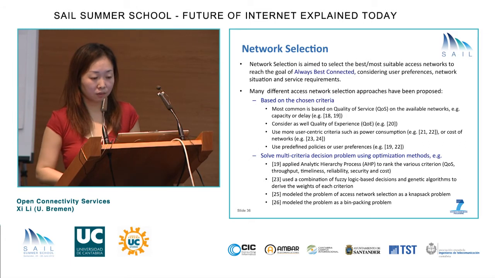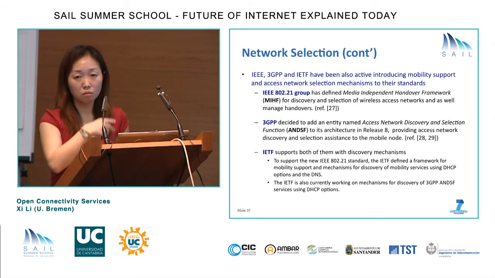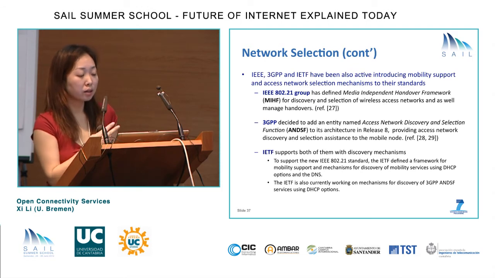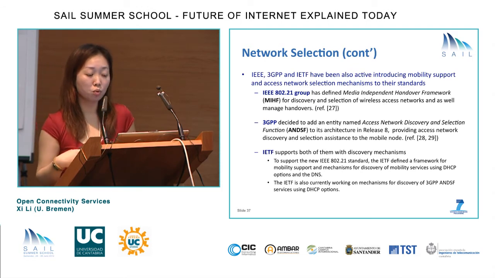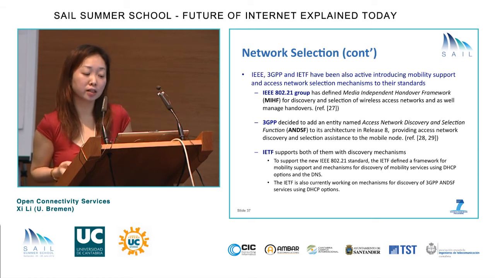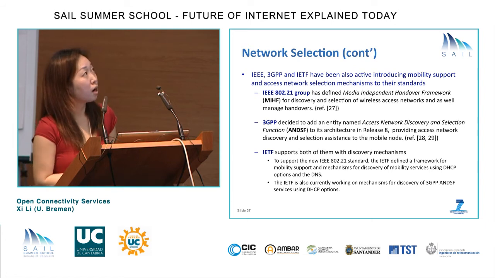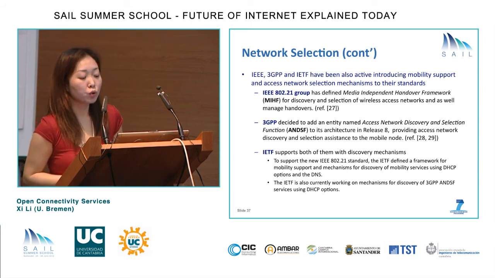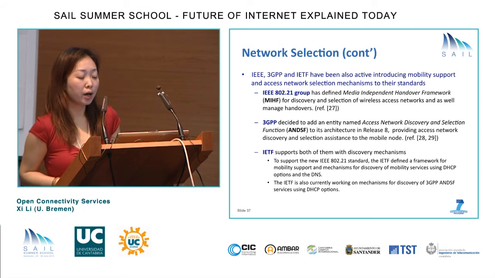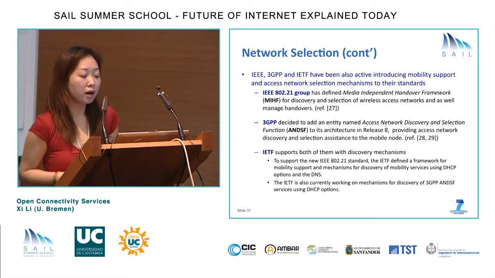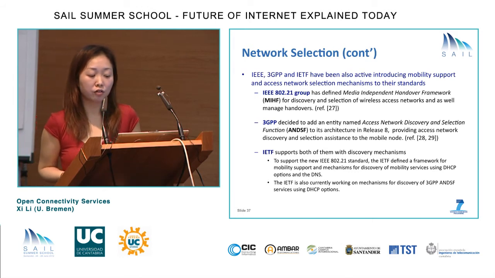Okay, this is an overview of what has been done in this area. In addition, as a second line of work, there is also a lot of effort contributed by standardization in the area of network selection. For example, the IEEE 802.21 group defined a media-independent handover framework to do the discovery and selection of wireless access networks.